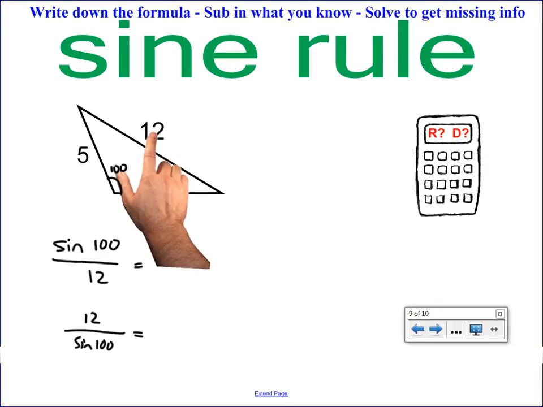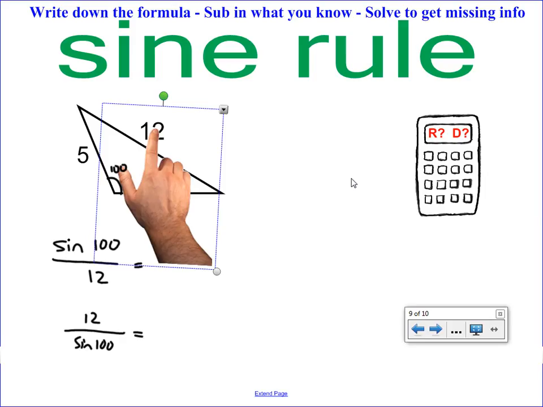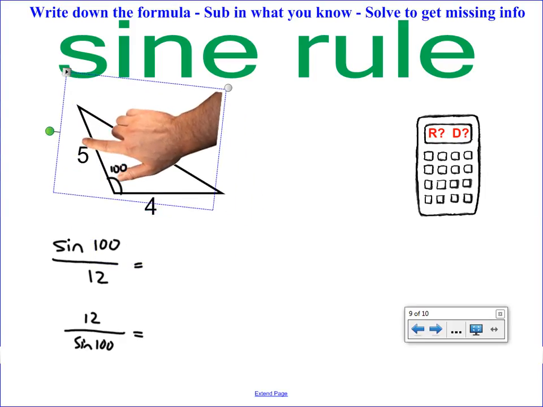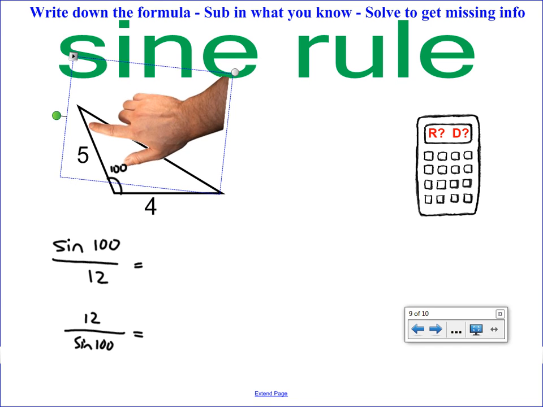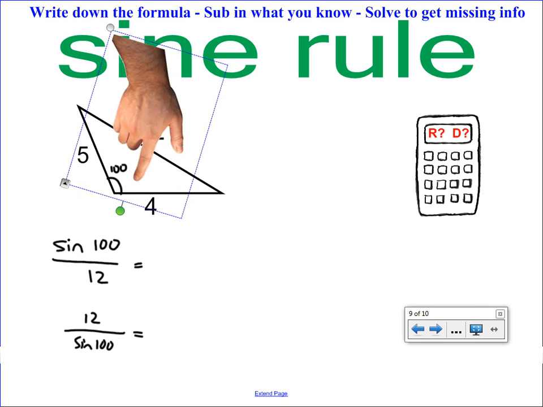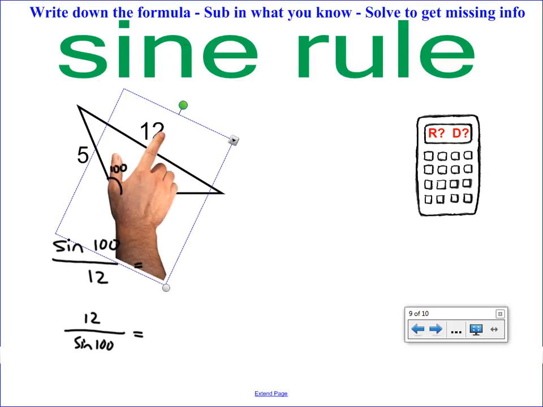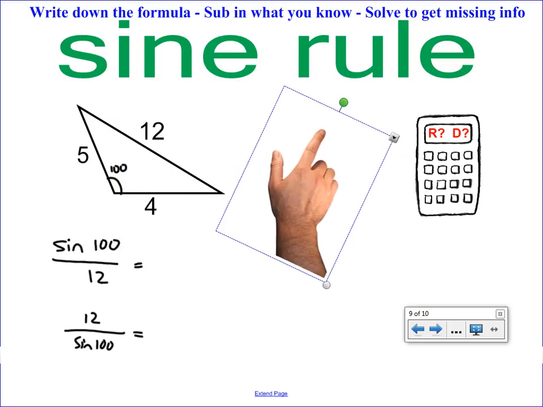So you have this opposite pair that you know, and then you're interested in a different opposite pair. So that's what we know, those two. And then maybe we want to know what that is.